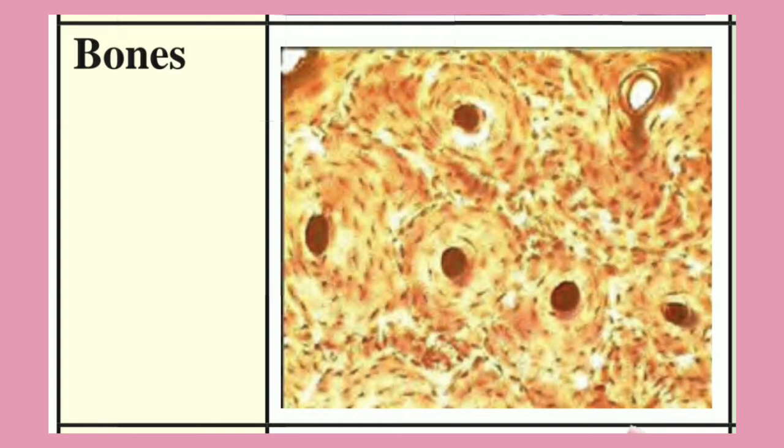Next, bones. Skeleton, a specific structure extending through the body. So bones are also a type of connective tissue. Osteocytes embedded in solid ground substances made up of calcium phosphate, and the function is it supports and protects the different organs and also helps in the movement.